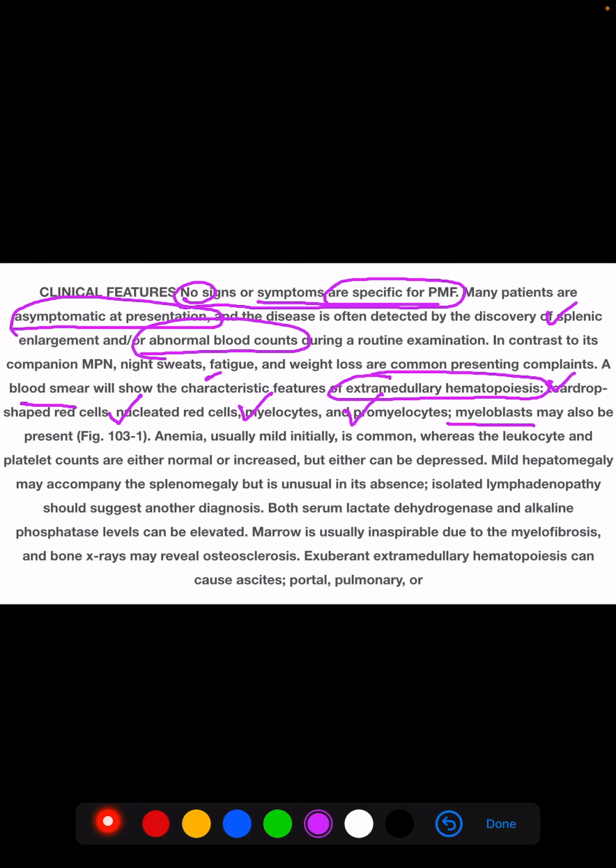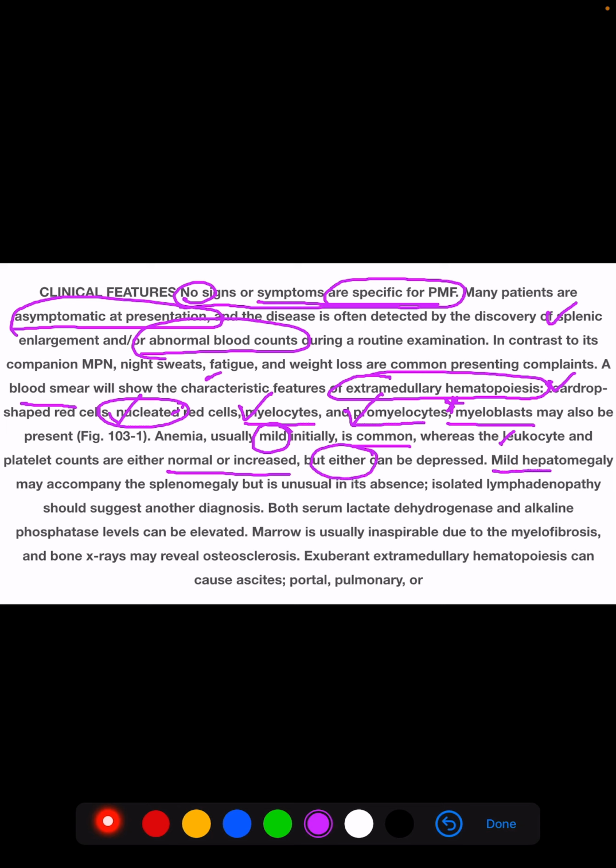Anemia, usually mild initially, is common, whereas the leukocyte and platelet counts are either normal or increased, but either can be depressed.